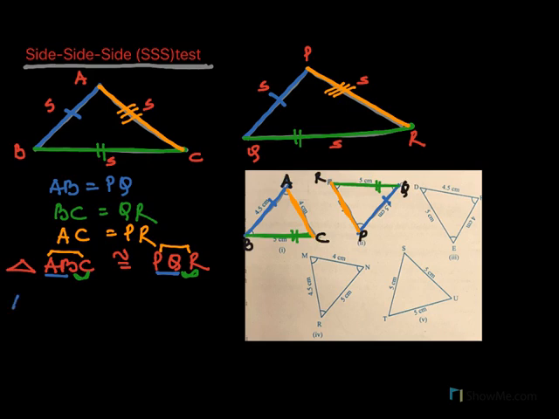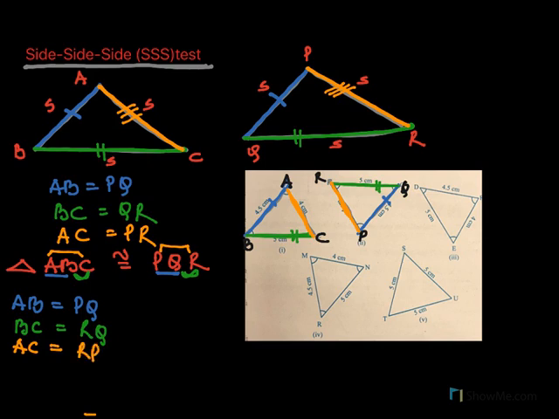So let's write this. We said AB was equal to PQ, and then we had BC, which was green, equal to RQ, and the last we had the yellow, AC, equal to RP.